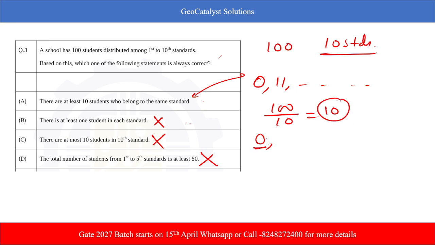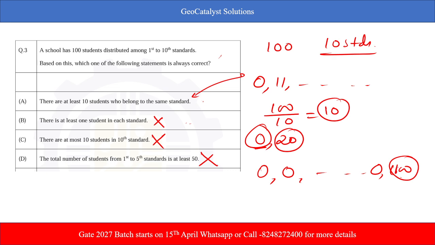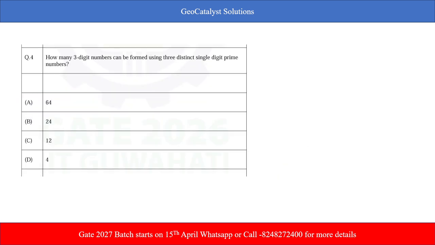Suppose in one class 0 is there, then another can be 20. And suppose all are 0 except one, then one should be having 100. So there will always be at least one class where 10 or more students are there. So this will be the correct answer. The confusion can be in these two only. As there is nothing written, there can be 0 students also. So the third answer will be A.